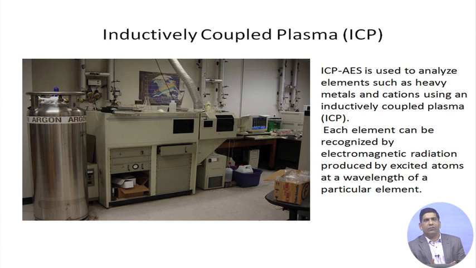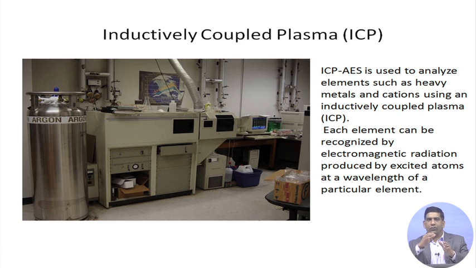So the concept of ICP-AES is, as you probably know, ICP works at very high temperature, 5,000 to 10,000 degrees centigrade. You have the sample, you atomize it, and if you remember your modern physics, the Rutherford model, you take the atoms present in those samples to a higher excitation state, and then you let them go down to a lower excitation state.